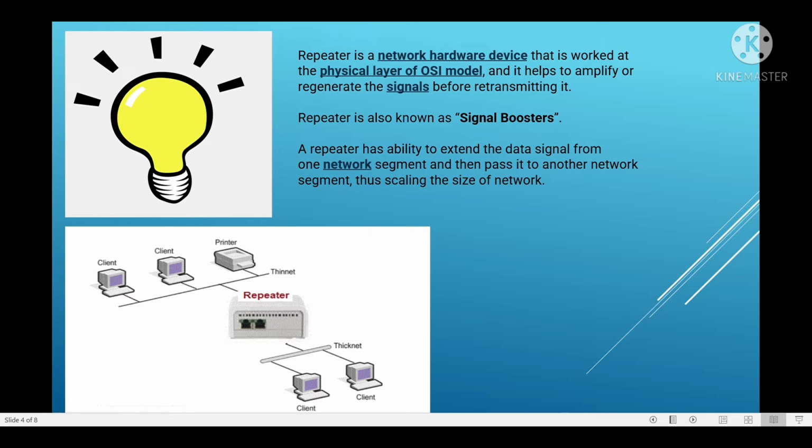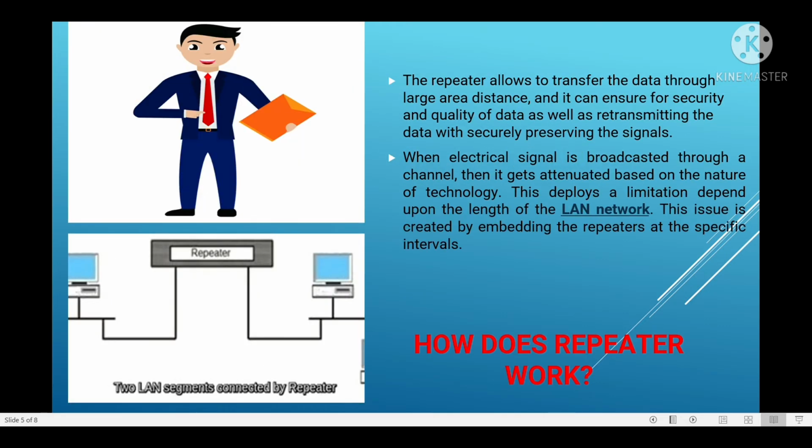Data from one client can travel to a larger distance with the help of the repeater. Repeater allows transfer over a large area and can also ensure security and quality of data while retransmitting the data, securely preserving the signals.